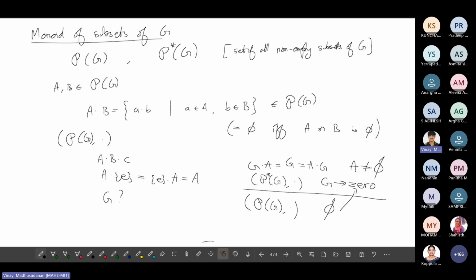Now, as special cases, if you have, say, singleton set A dot B, then we'll just write this as AB. In fact, from now on I'll drop this dot notation whether it's for the operation of the group or for this one. So we'll just write AB. Similarly the other one, I can also write PA when again you have singleton set.